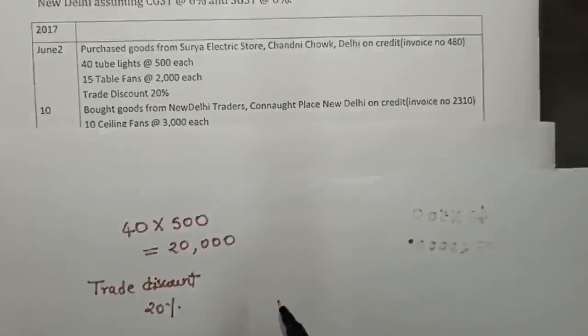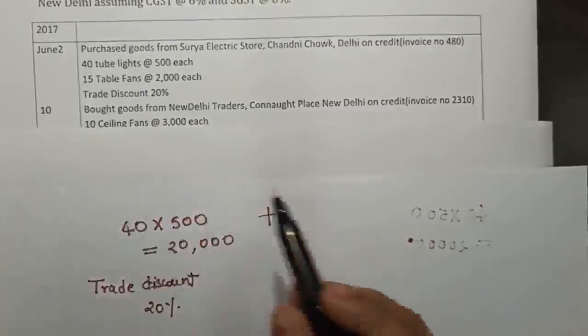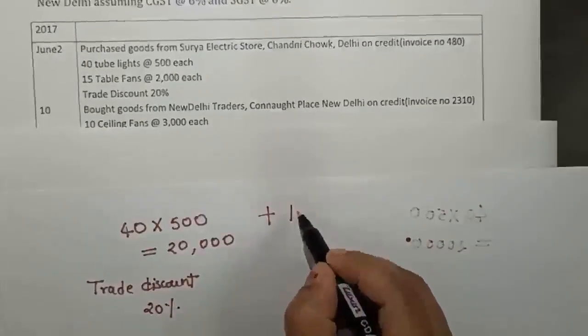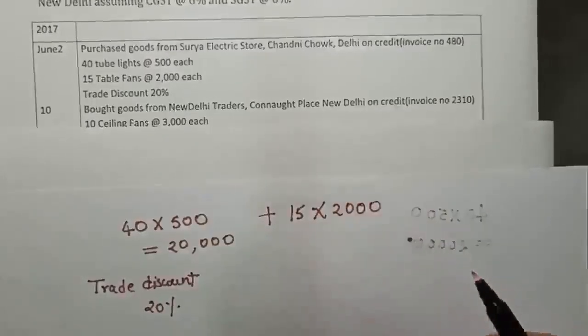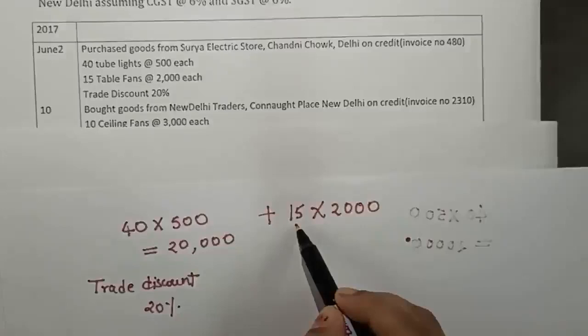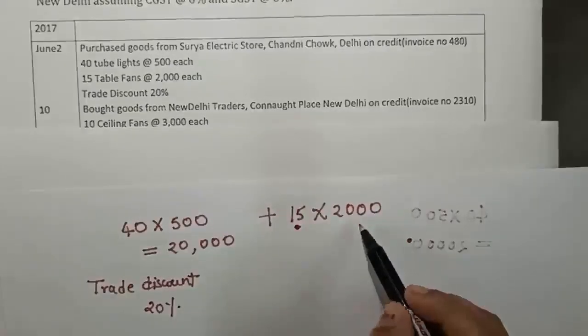But one more thing they have, that is the table fans. So what we are going to do? 15 multiplied by 2000. This is the number of table fans, 15, and the cost of one fan is how much? 2000.